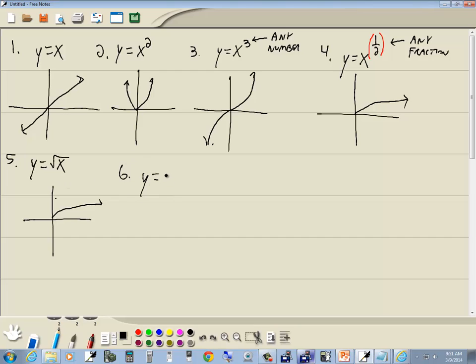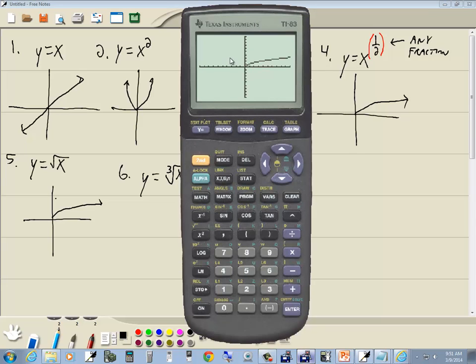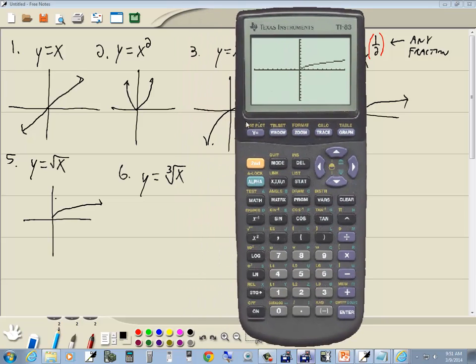Cube root is another one you see fairly often in algebra. So let's take a look at it. I'll press my y equals, clear. Now if it's not on a button, it's not above a button, it's probably underneath your math button. So if I press math, you see the cube root is the fourth one down there. So I can either down arrow and highlight number 4 and press enter, or I can just simply press 4.